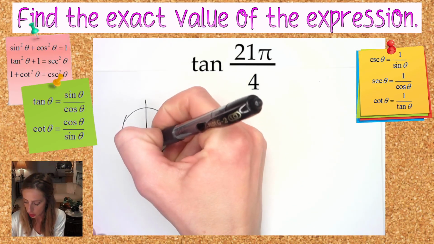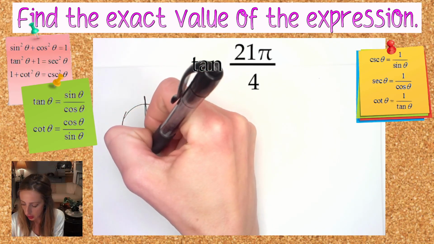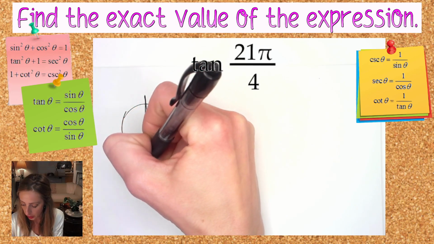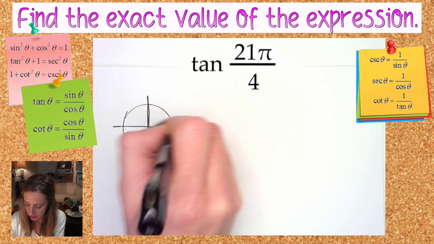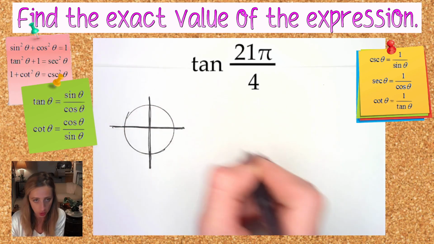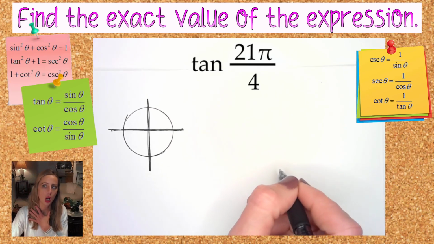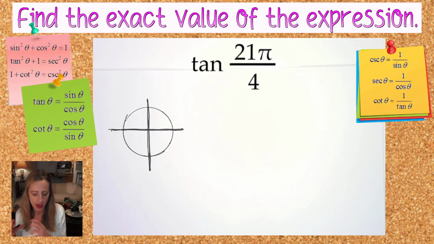You shouldn't need to look up a unit circle. You should have all of the tools you need inside of your brain and use those to help you figure out this answer by doing it in your head with maybe a little bit of scratch work on your paper. If you have not experienced my explanation of how to create the unit circle and how to use the unit circle, I have tons of videos on my channel. I'll try to find them and attach them here, but there's tons of videos.